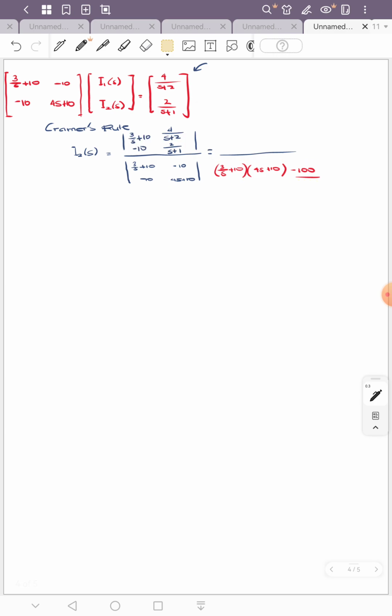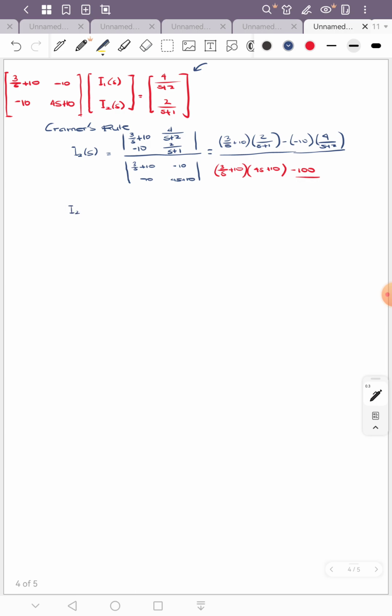Then we have 3 over S plus 10 times 2 over S plus 1, minus negative 10, 4 over S plus 2.